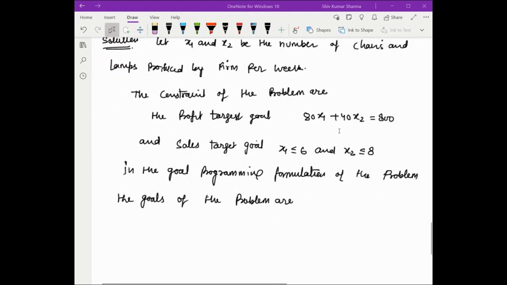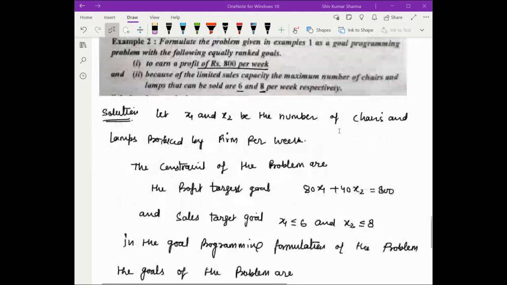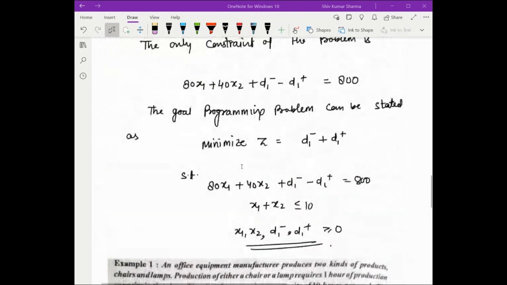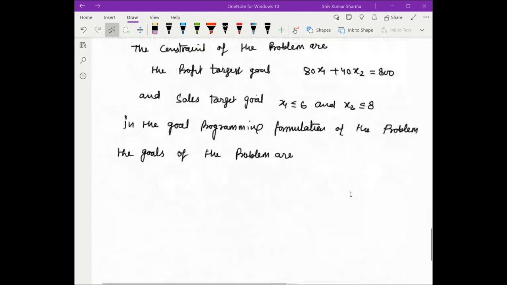So we write the first variable, which we already defined, in 80x1 plus 40x2 equal to 800. So we write 80x1 plus 40x2 plus D1 underachievement minus D1 overachievement equal to 800 rupees.